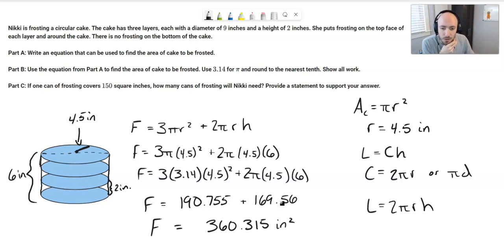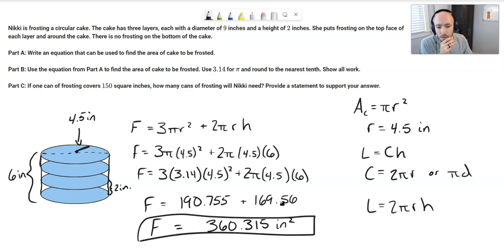So our total surface area to be frosted is 360.315. And it says round to the nearest tenth, so I can write 360.3 square inches.